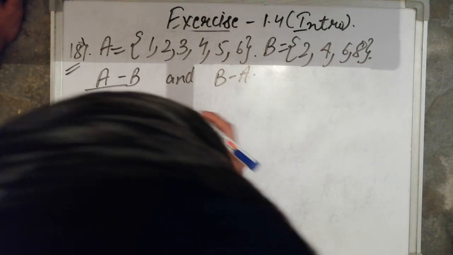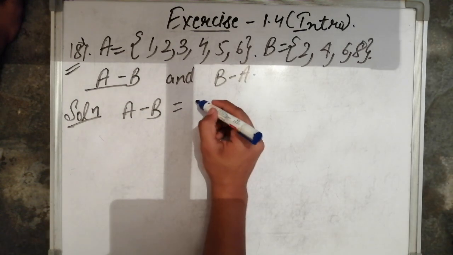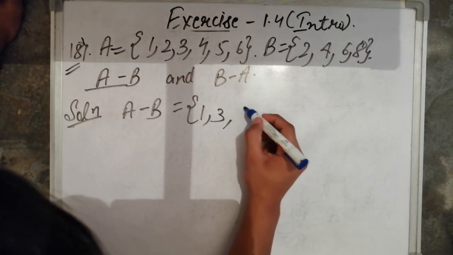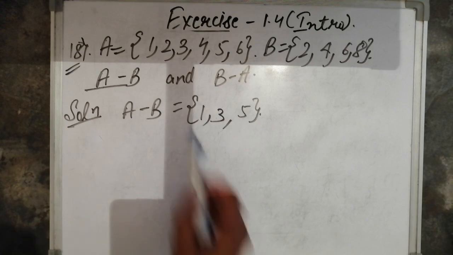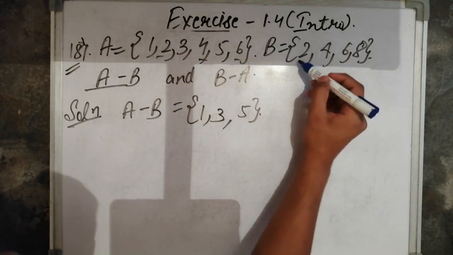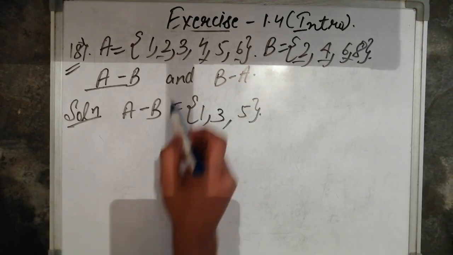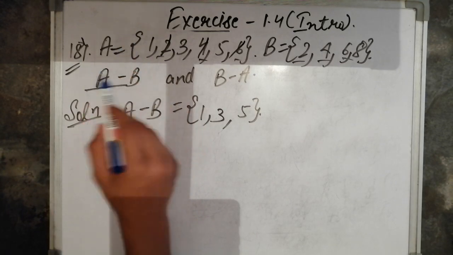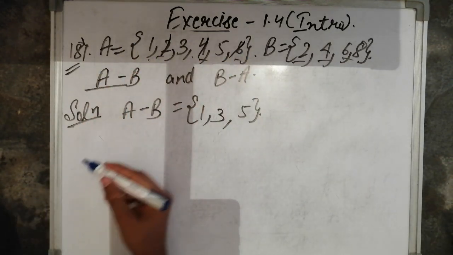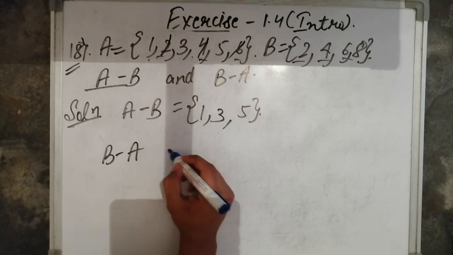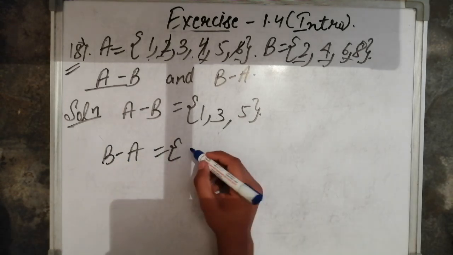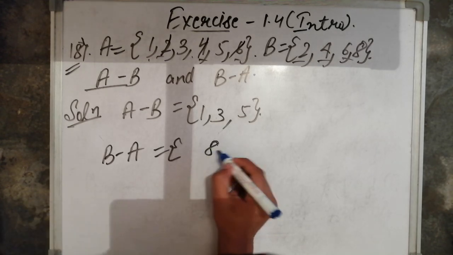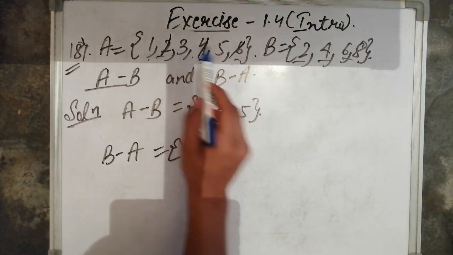A minus B will be {1, 3, 5}, because 2, 4, 6 are present in set B. That's why I deducted 2, 4, 6 from set A, and the resulting set is {1, 3, 5}. Okay, and B minus A will have only 8, because 2, 4, 6 are present in set A as well.